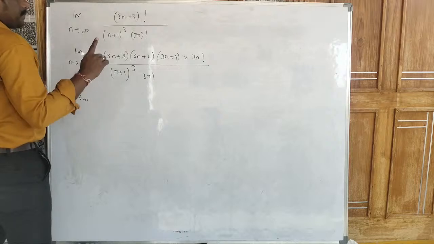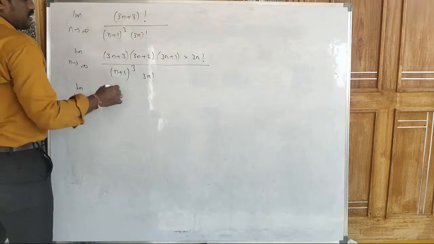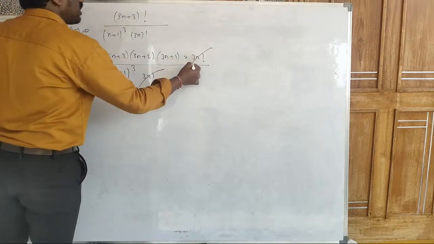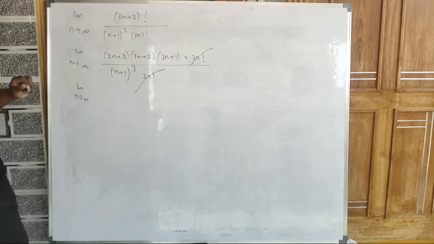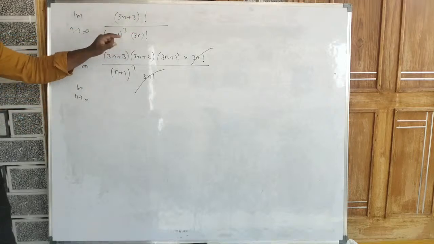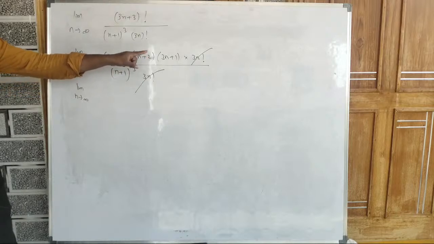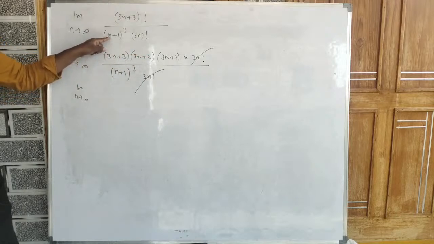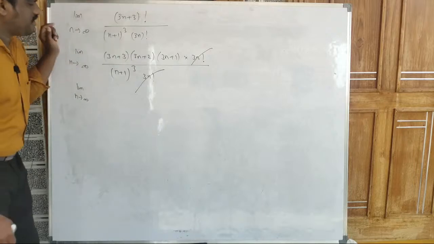Okay, so what I do here, 3n factorial cancels out. Now correct. So 3n plus 3 factorial is there and n plus 1 whole cube and 3n factorial. I wrote here 3n plus 3, 3n plus 2, 3n plus 1 into 3n factorial. This I wrote as n plus 1 whole cube 3n factorial.